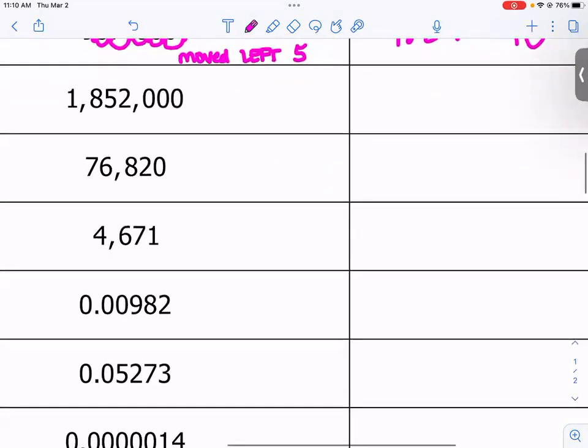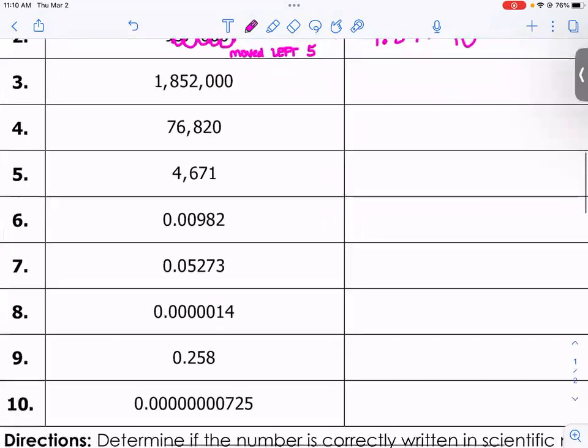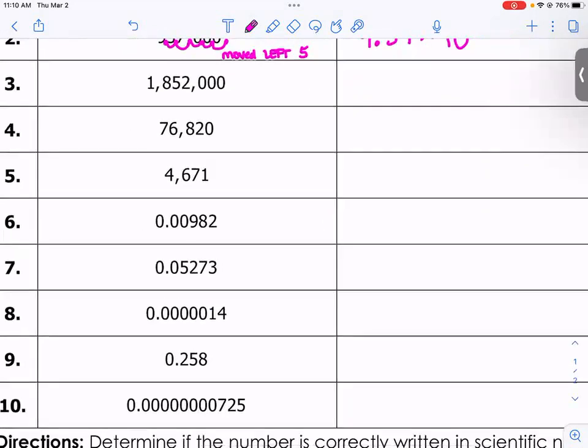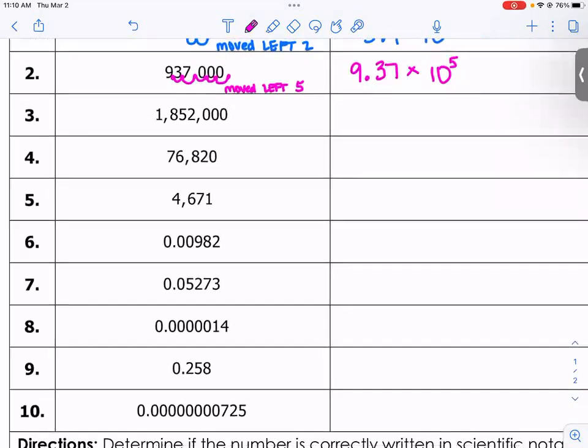All right. So how about you try number 3? Let's just see how this goes. So you've got to count. Can you take your earpod out so you can hear me?